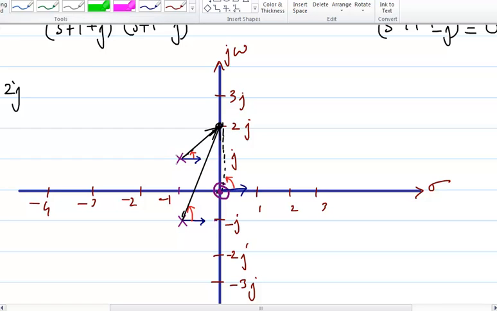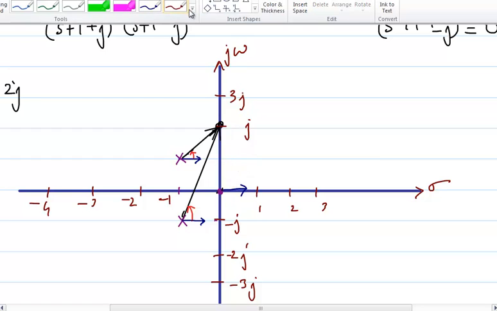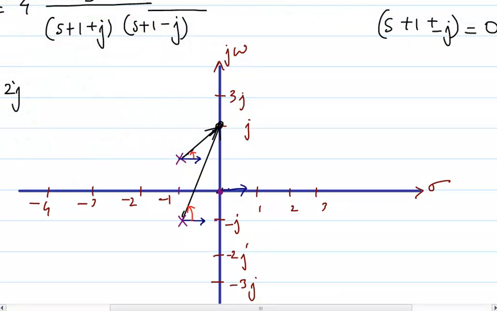So the pole was at this point, and I am going to draw the length from here to here. And what is the angle?